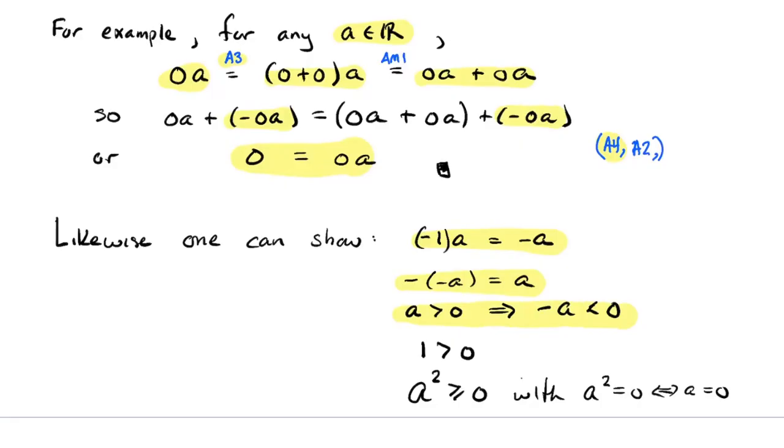All right, you can show, believe it or not, this isn't an assumption that we have to make, you can derive from our axioms that the real number 1, the multiplicative identity, has to be greater than the additive identity. Or another one, that the square of any real number, meaning a number times itself, is always greater than or equal to 0, and it's equal to 0 if and only if the number is equal to 0. These are all things that you can derive from the axioms.